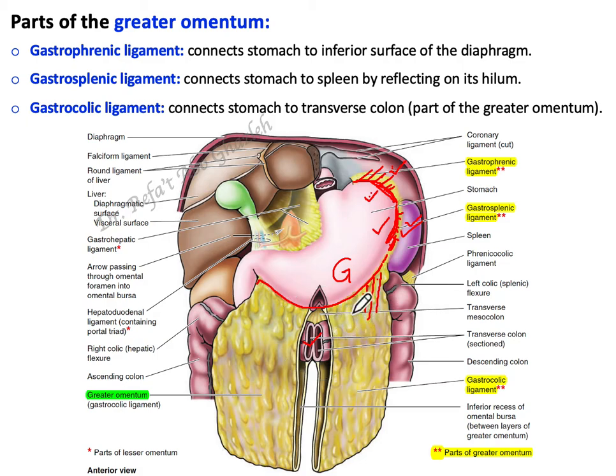Let us follow it. From the greater curvature, the greater omentum moves down and then reflects on itself, making an apron, and connects to the transverse colon. That's why it's called the gastrocolic ligament.